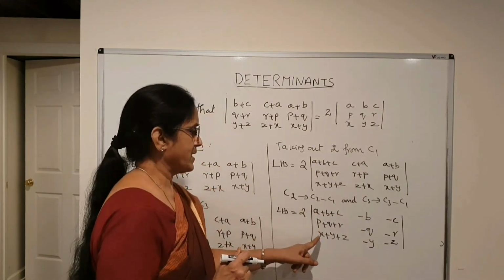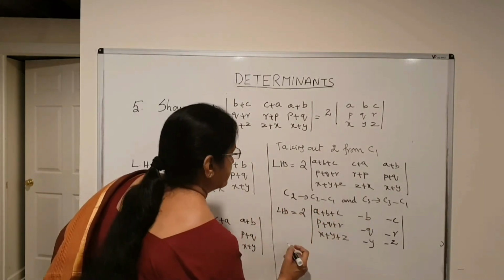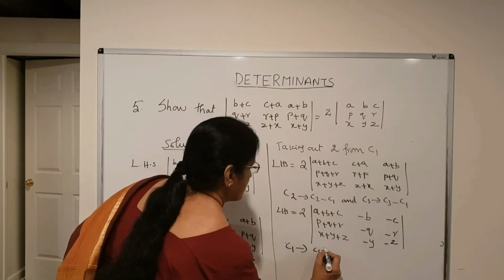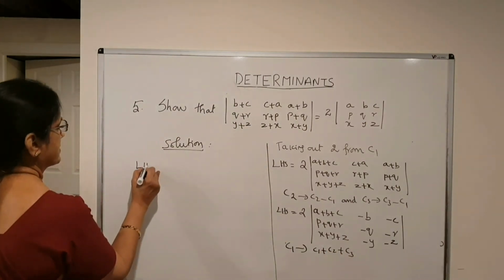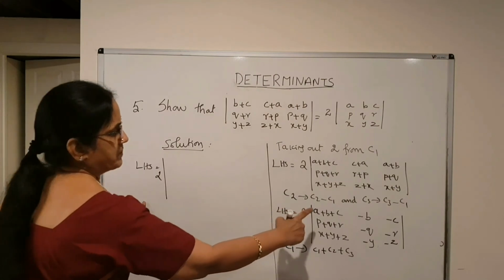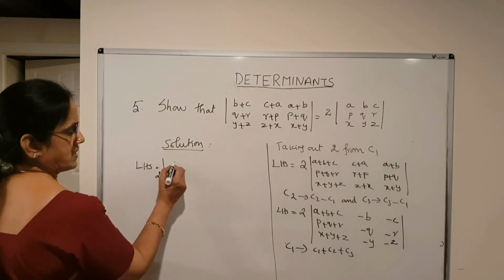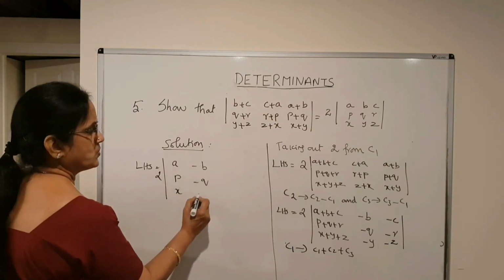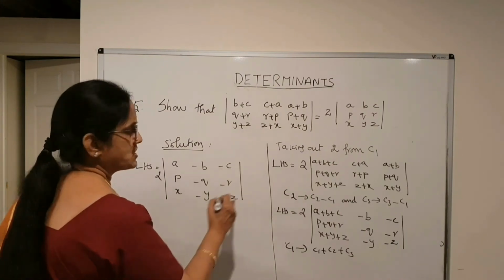I will be left with only A, P and X. LHS will be 2 into determinant: plus B minus B and plus C minus C will get cancelled. I will be left with only A. I will have A, P and X, minus B, minus Q, minus Y, minus C, minus R, minus Z. This is what I am having.